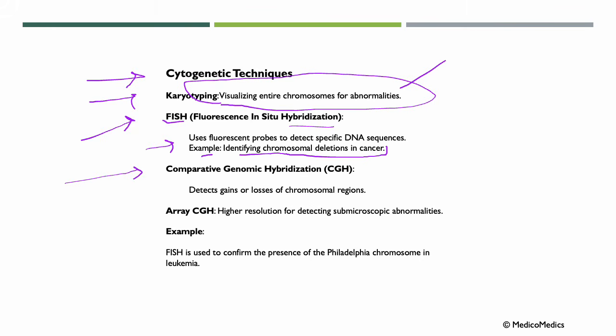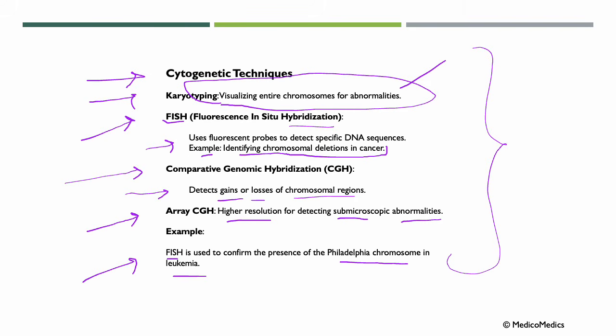We have comparative genomic hybridization, detecting gains or losses of chromosomal regions. We have arrays, with higher resolution for detecting submicroscopic abnormalities. For example, FISH is used to confirm the presence of the Philadelphia chromosome in leukemia. So cytogenetic techniques are essentially advanced microscopes that help scientists see changes more clearly.